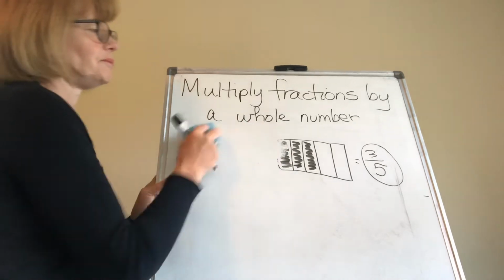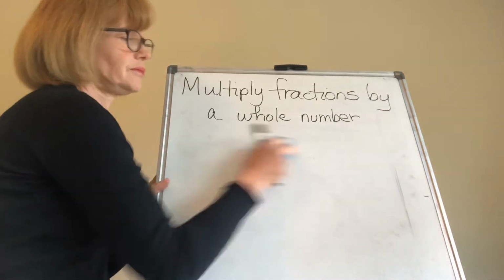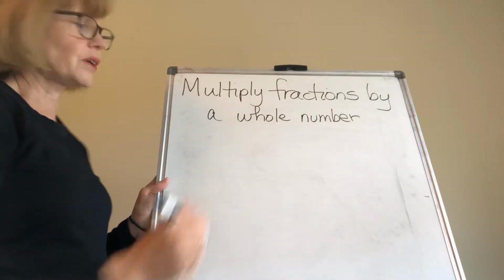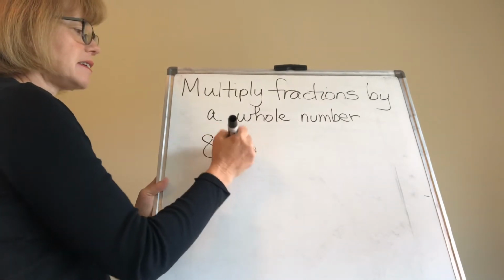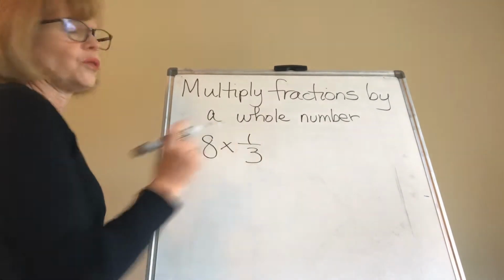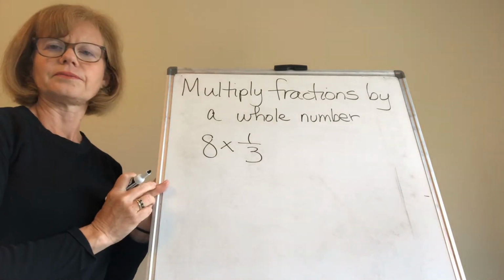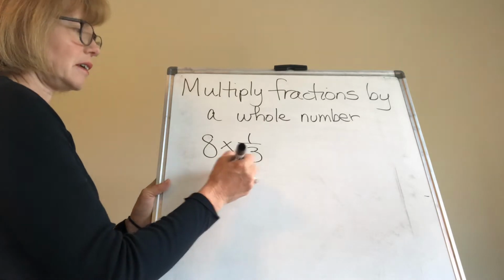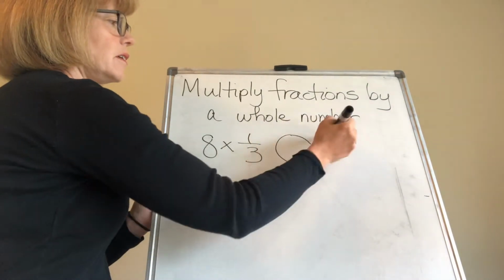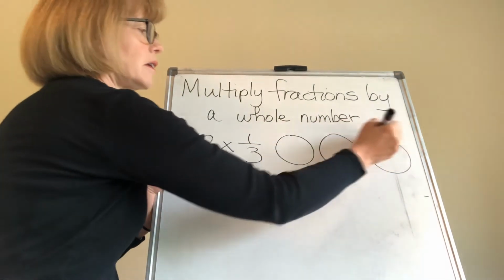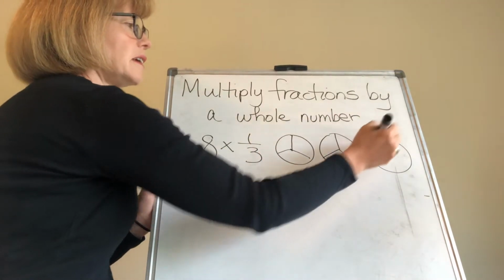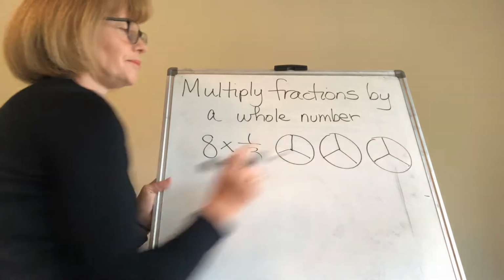Let's try another one. What if I have 8 times 1/3? Let me draw a model of what this could look like. Each of these I'm going to divide into 3 equal parts.